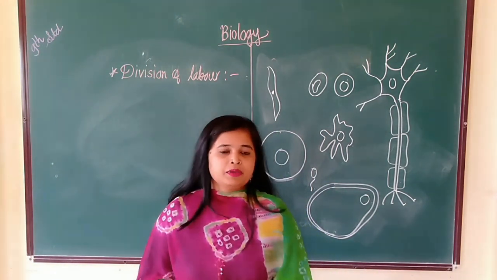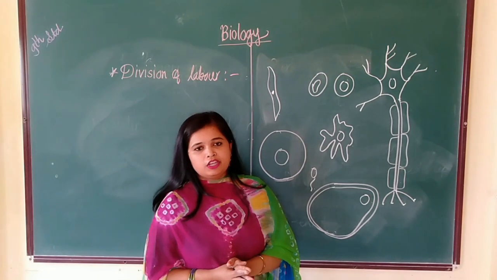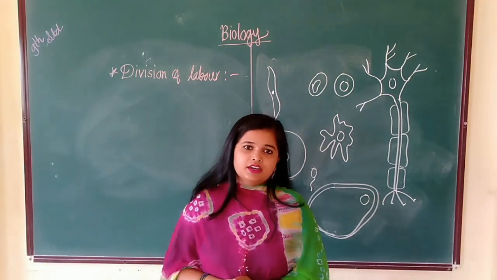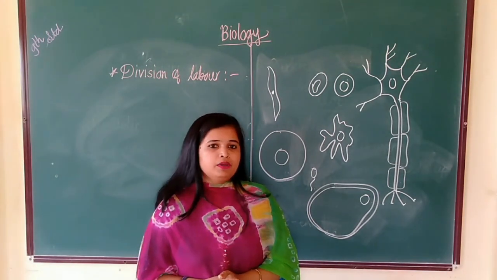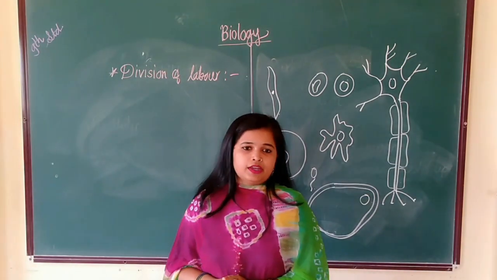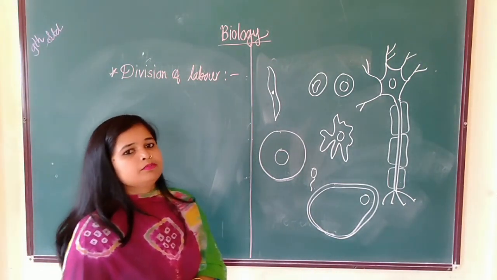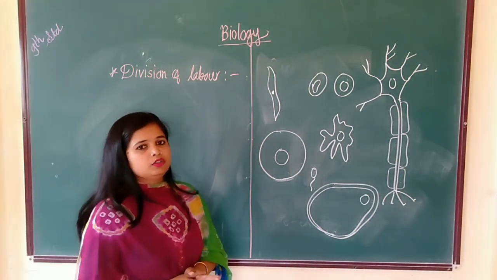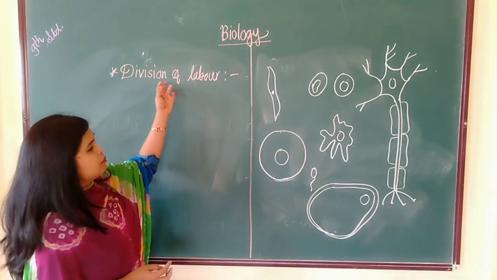So each organ is specialized in performing a typical function. For example, the brain is specialized for thinking, the heart is there for pumping the blood, kidneys continuously filter our blood, lungs purify the blood, and the stomach helps in digestion. Each organism has a special organ to perform a specific function. That is known as the division of labor.